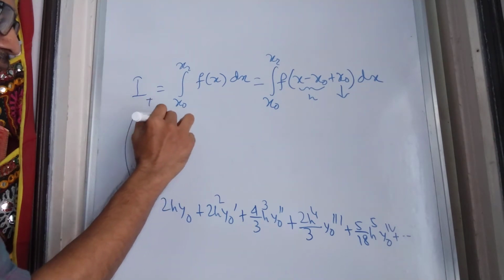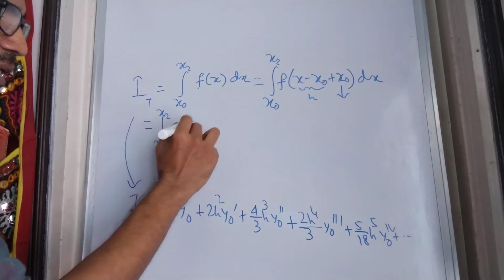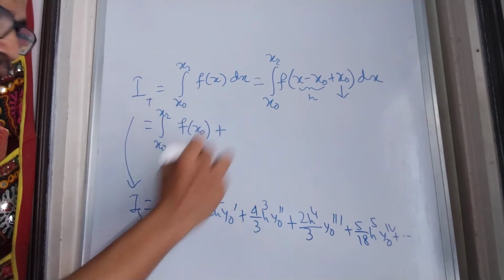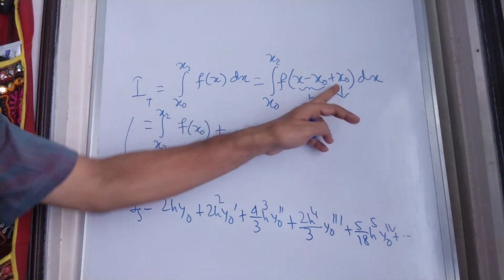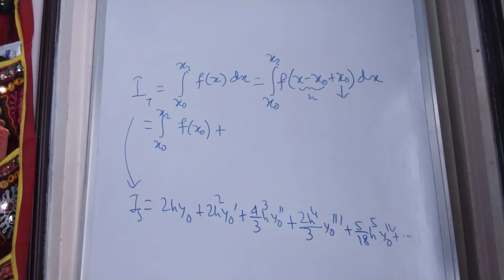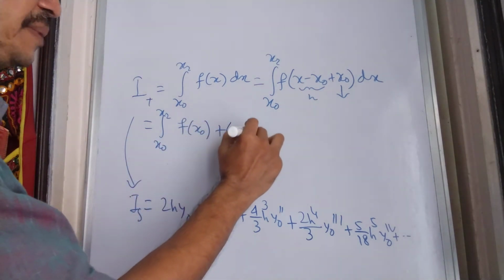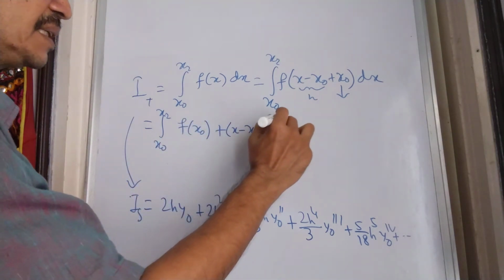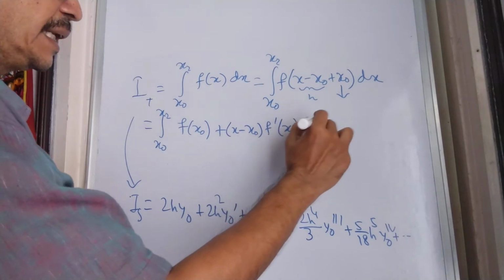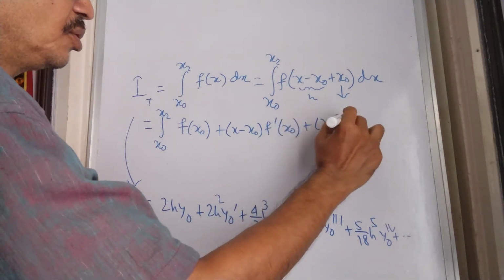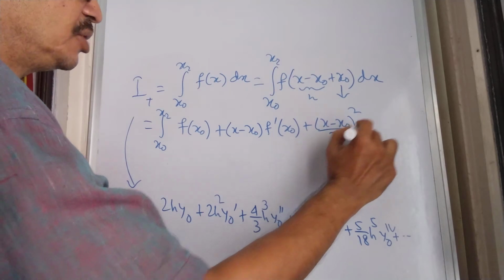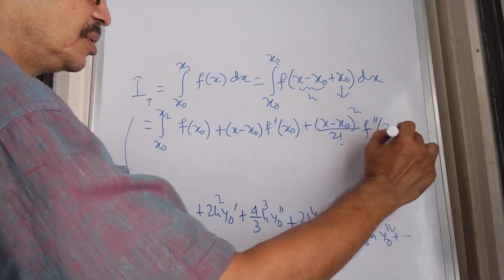So we may write this expansion as f(x0) plus, we are expanding it around the point x0, so this will be (x minus x0) into f prime x0. Then it will be (x minus x0) whole square by factorial 2 f double prime x0.